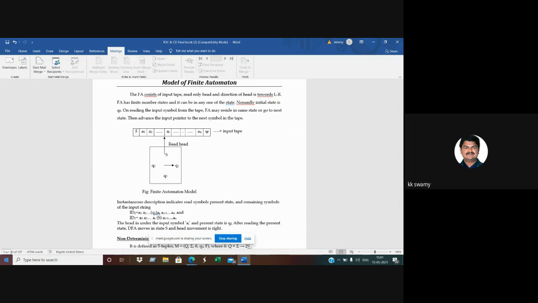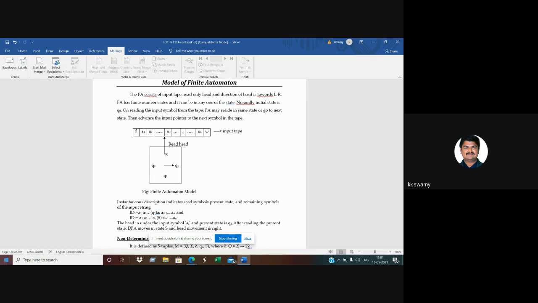That is NFA and DFA. So what is meant by NFA and what is meant by DFA?